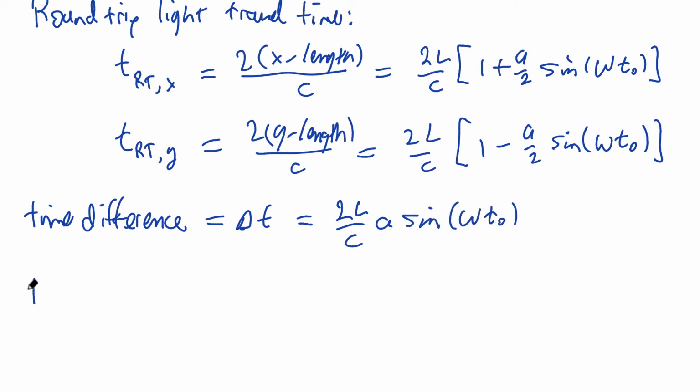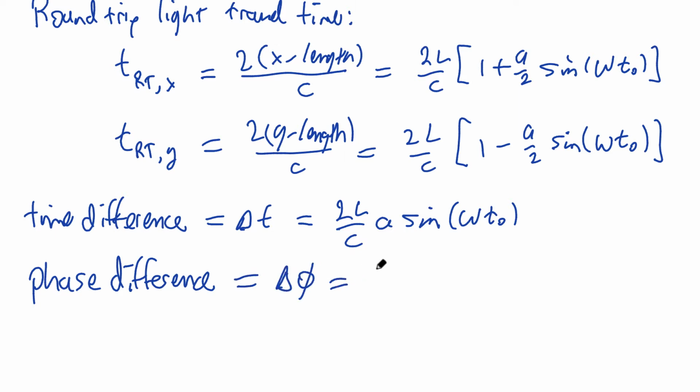And now the phase difference between the two light waves, let's call it delta phi, is equal to the angular frequency of the light, omega sub light, times the time difference.